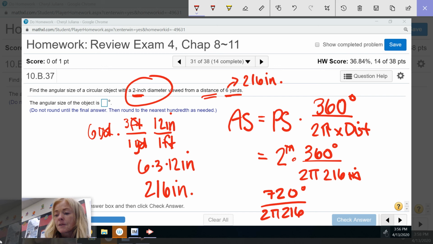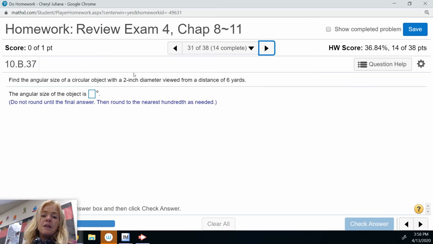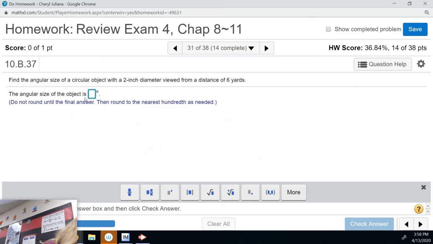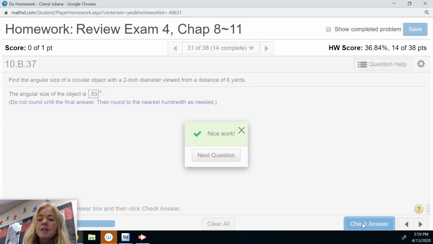Set up a little fraction, put in 720 over 2 pi 216, just as you see it. We're going to have to round. It says round to the nearest hundredth, so that's about 0.53. And that's your degree. It's about half a degree that your angular size will be.